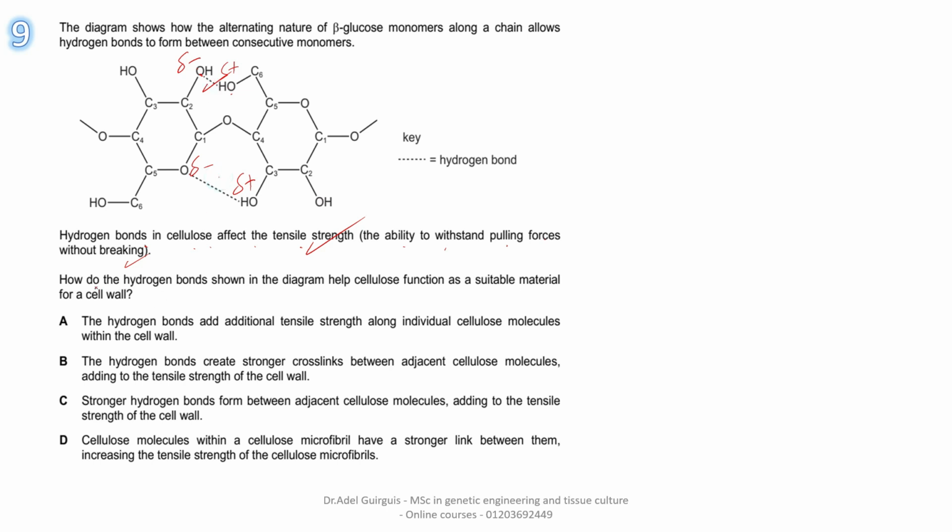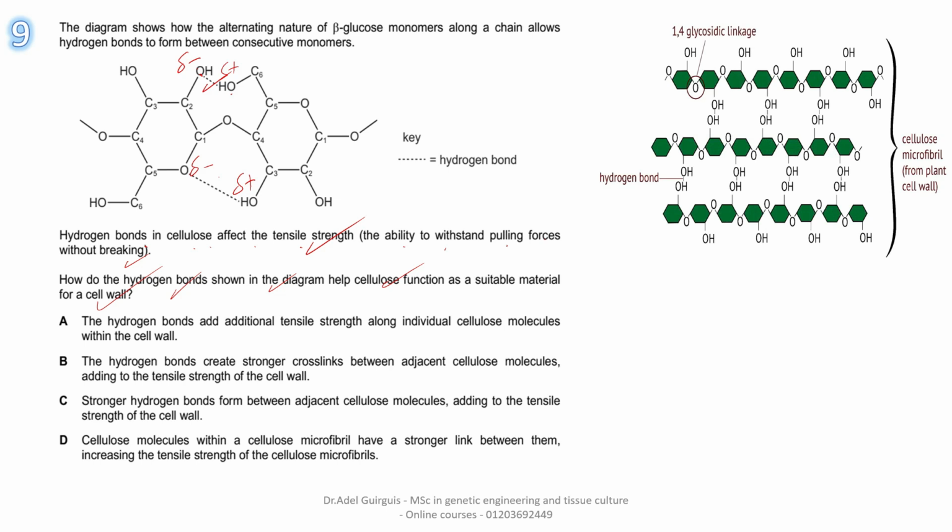What about hydrogen bonds? How do the hydrogen bonds shown in the diagram help cellulose function as a suitable material for the cell wall? Hydrogen bonds are longer than covalent bonds, but much weaker. But a lot of hydrogen bonds are found in cellulose molecules, and these added together form highly tensile strands.